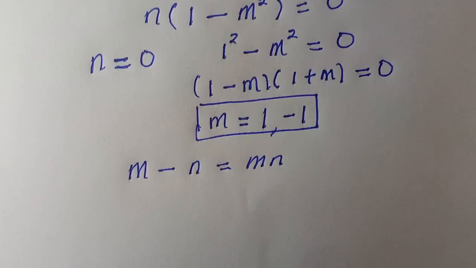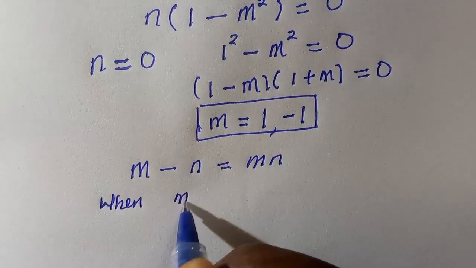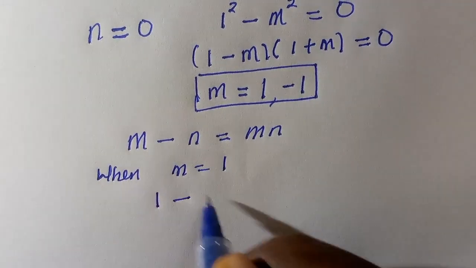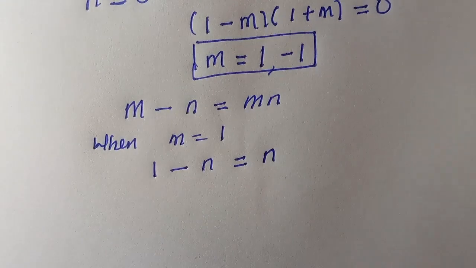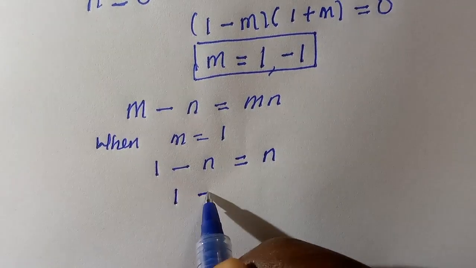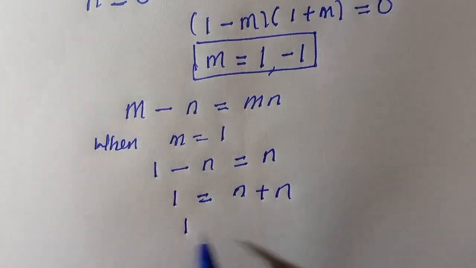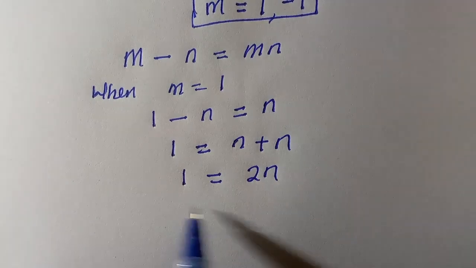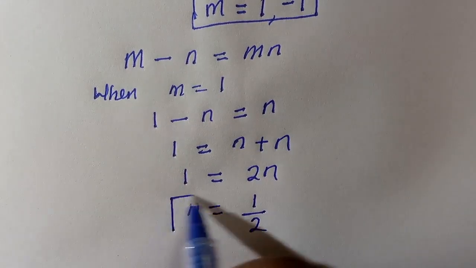So let's check when m equals 1. What we are going to have here is 1 minus n equals n. And 1 minus n equals n, we are going to have 1 equals n plus n, which is 1 equals 2n. So we get the value of n here, which equals 1 divided by 2.